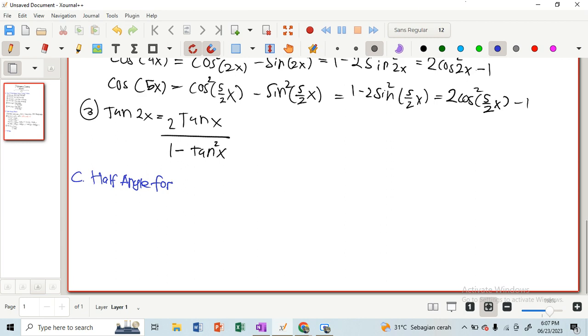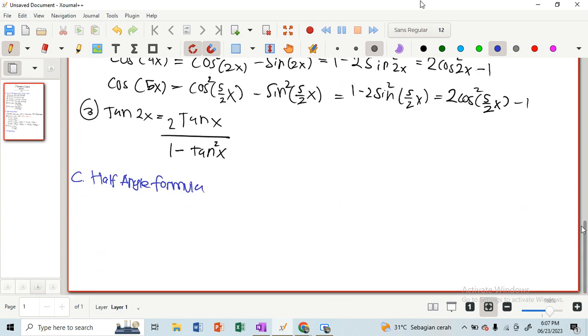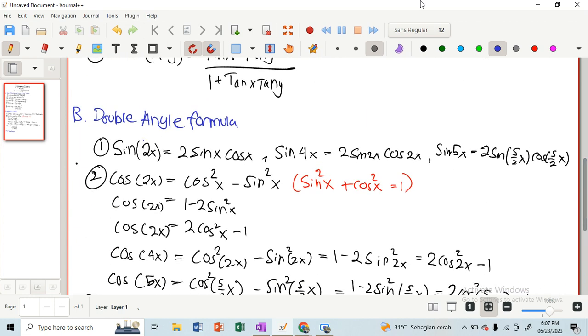So what is the half angle formula? It has a similarity actually with the double angle formula. For the double angle formula, you write the right-hand term with the angle that is half of the initial angle.